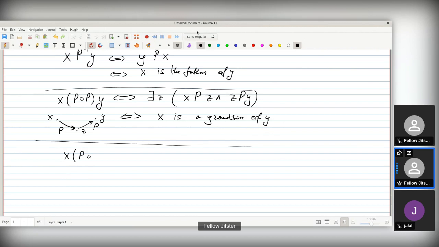And what about this one? What does it mean? So there is some z such that there is an arrow labeled with p converse from x to z, and from z labeled by p to y. Or equivalently, that means that z is what?